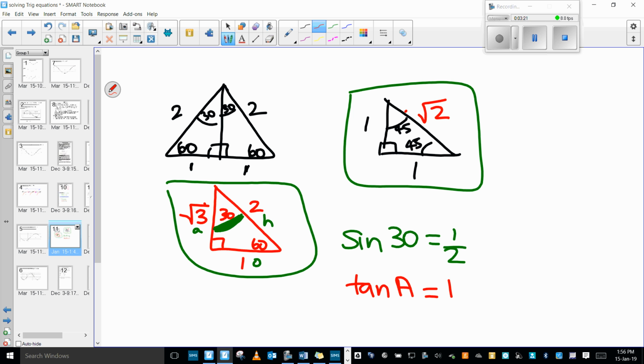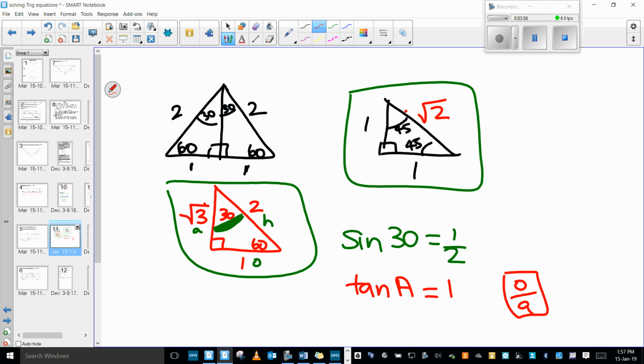Opposite over adjacent. So I need my opposite side divided by my adjacent side to equal 1. In this triangle, my opposite over adjacent is definitely not 1. If we were talking about this angle, also not equal to 1. The other triangle? If this is our opposite over adjacent, it equals 1. So what does that mean my angle must be here?